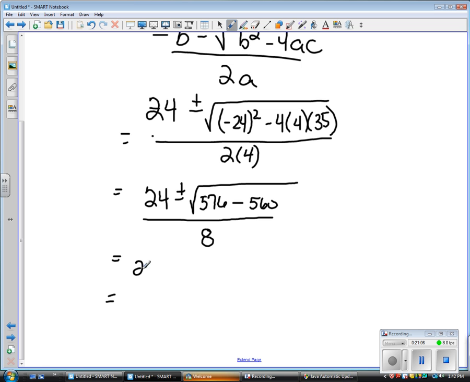So I get 24 plus or minus 16 over 8. Is that correct? No, wait now, help me out. Somebody help me out. What is 576 minus 560? What is positive 576 minus 560? 16.